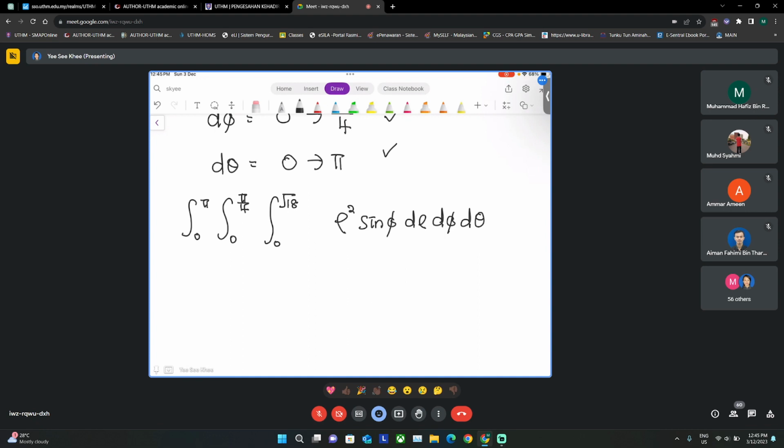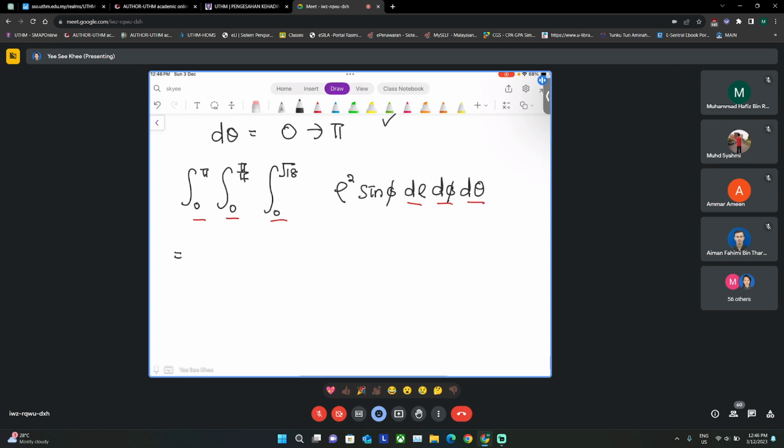You must remember all these must align with the interval. You must make sure they align. If you wrongly place it, then your answer will be wrong. So now you can solve like usual.